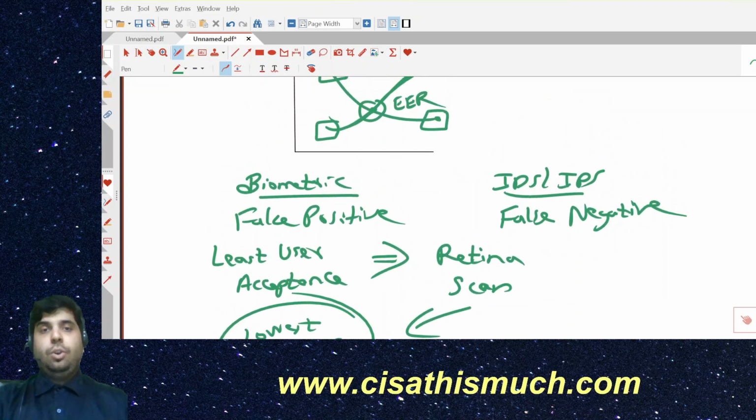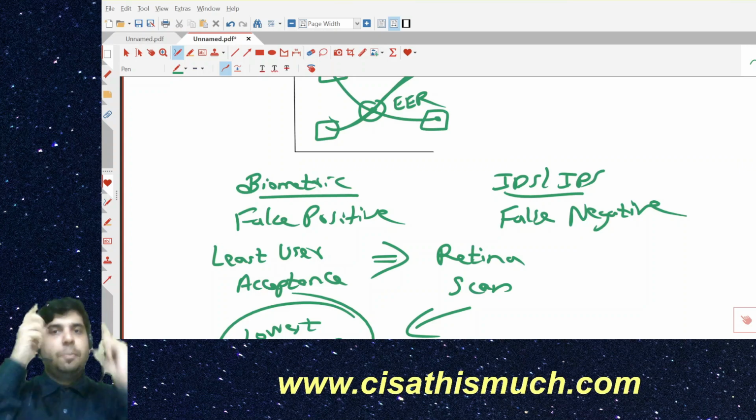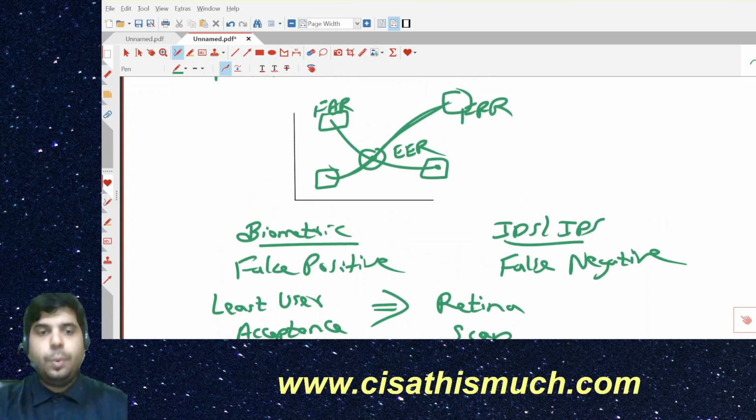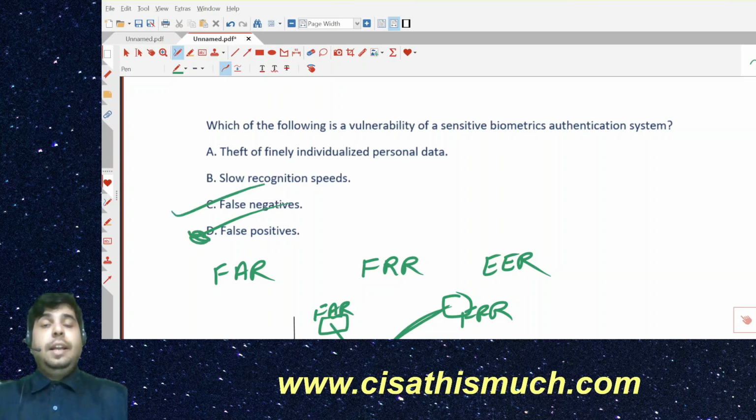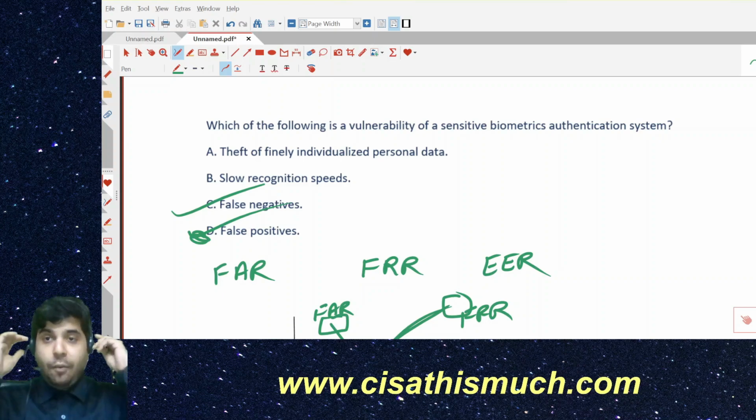You will quickly go with false positive, and the answer will be wrong. The right answer here is false negative. Surprised? Even I was surprised.